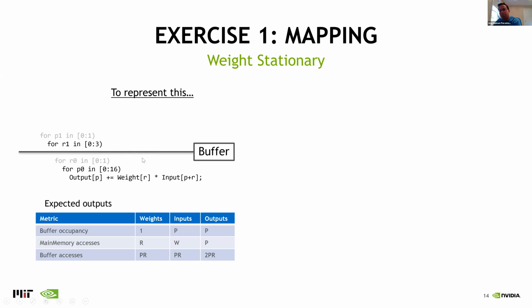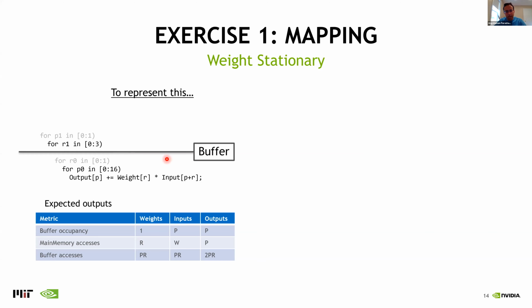Because you have the buffer level, you now have some choices in terms of how you fragment and schedule the fetching of operations into the architecture. And so I'm showing in this loop nest one such mapping, and this is a weight stationary mapping.